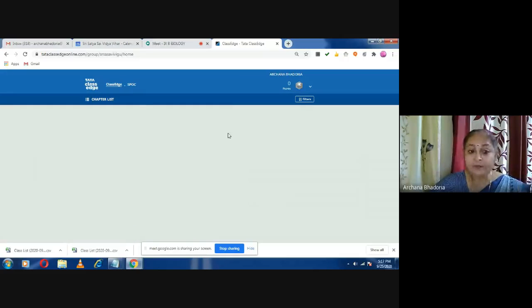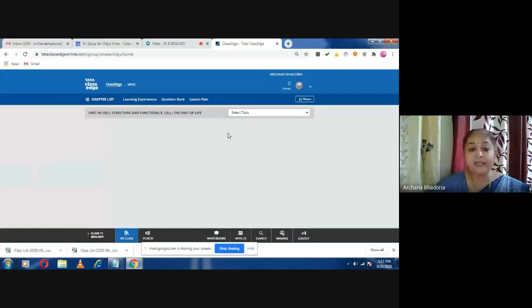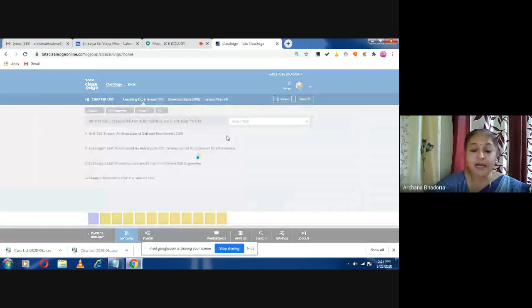Because I can give you the diagram, with some labels, some ABCD written, and then it can be asked in that MCQ form only, what is that organelle, what is its function.